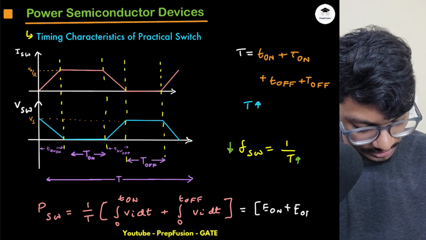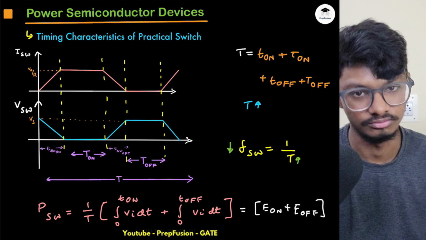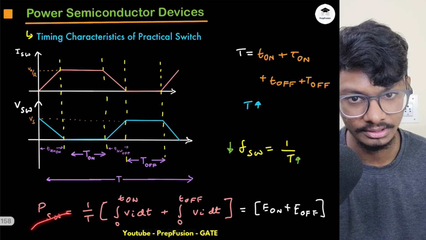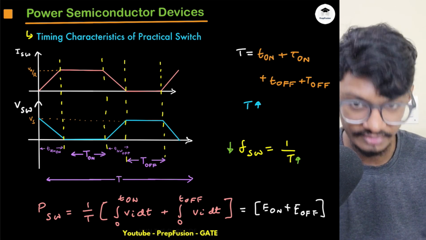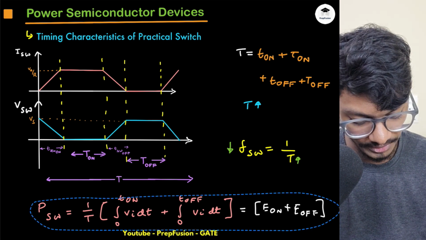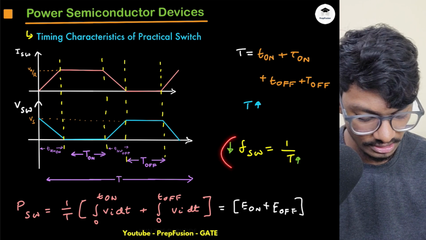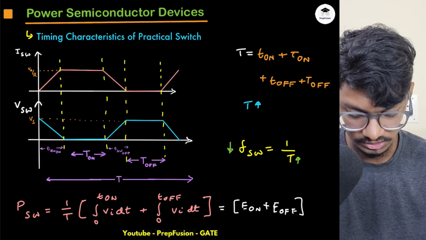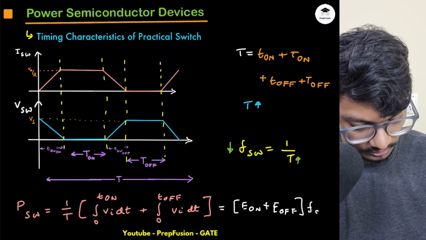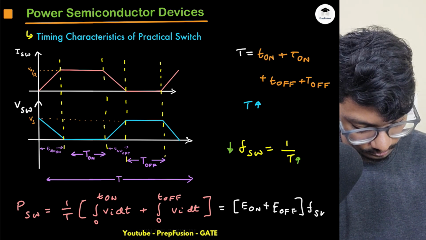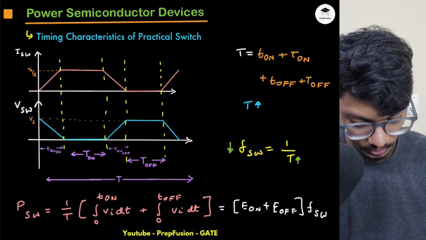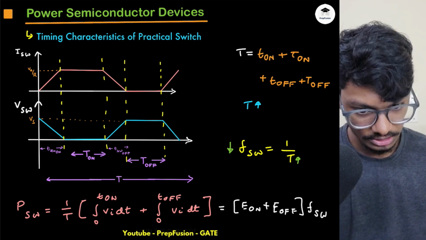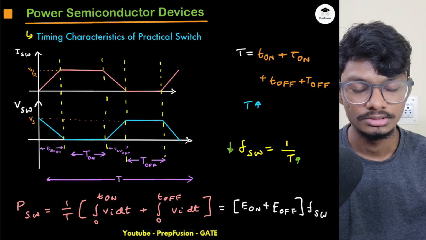These are the formulas that I'm deriving. You don't have to remember, just know. This is also a formula that can be used. So you can derive it in seconds. So 1 by T, how can I write 1 by T? 1 by T is basically the FSW, switching frequency. Okay, so this is the average power across the switch.